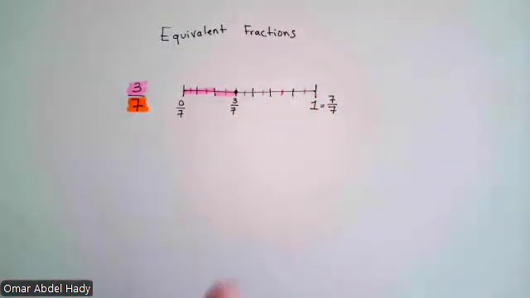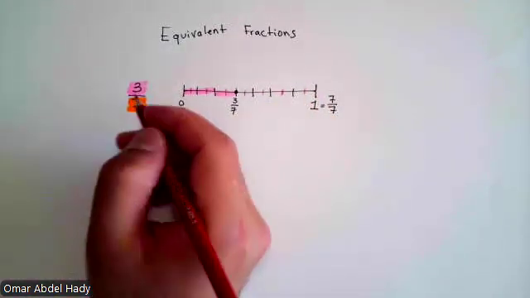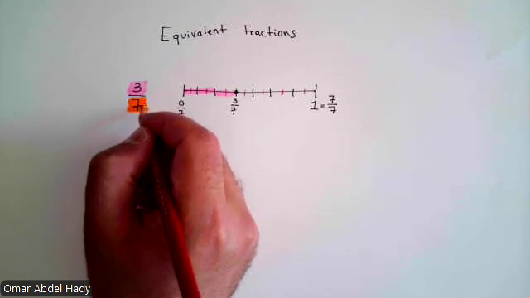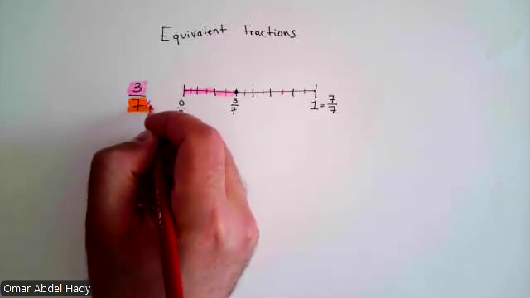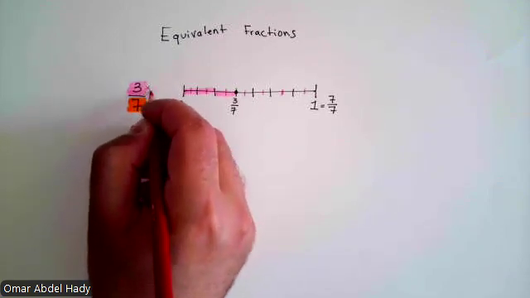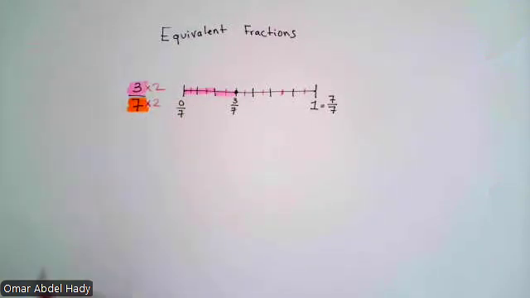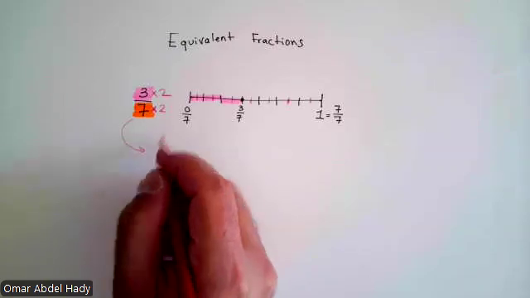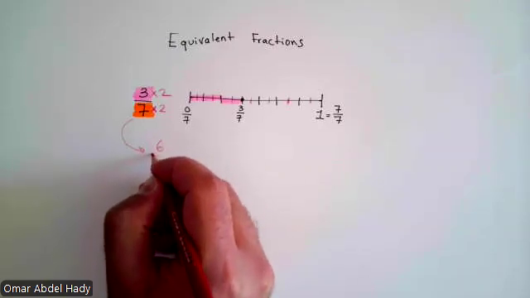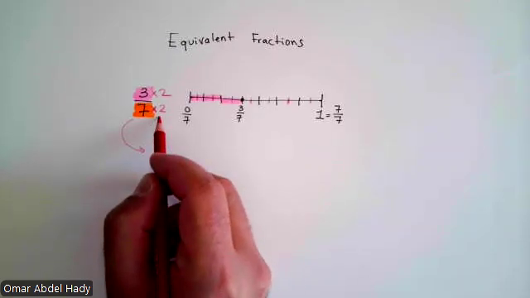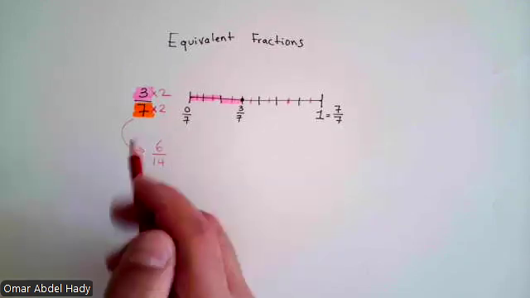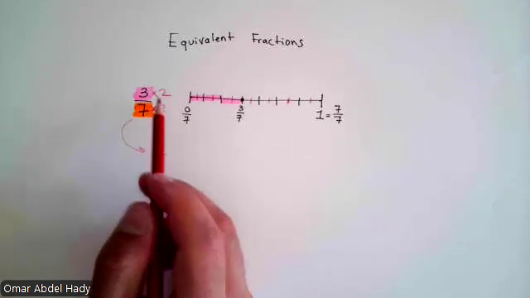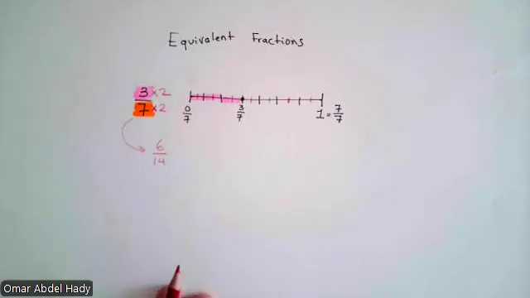So that means taking each seventh and breaking it in half. So basically, I'm taking 3/7 and I'm multiplying the 7 and the 3 by 2. So the first equivalent fraction that I can get is 6/14, because 3 times 2 is 6 and 7 times 2 is 14.